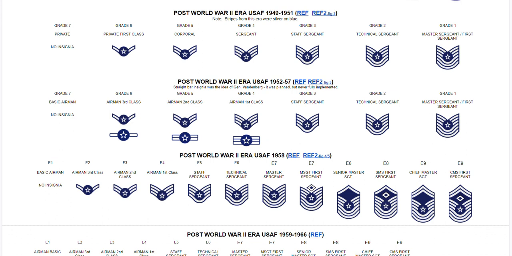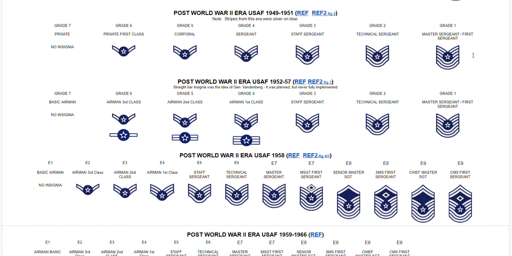So you see the 7-grade system is still in effect, and their lowest rank is private, and then private first class, corporal, sergeant, and you see the same things, right? 1 stripe for private, 2 for corporal, 3 for sergeant, 4 for staff sergeant, right? Technical sergeant, and then master sergeant.